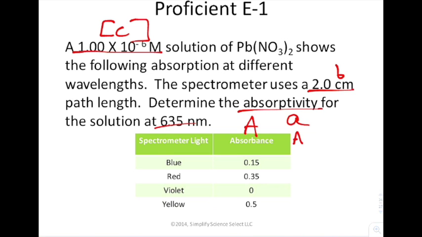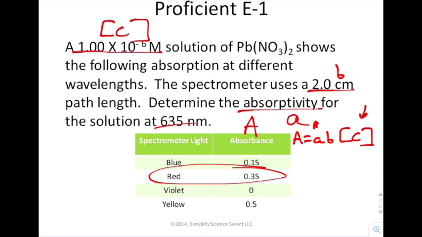So I'm going to use A equals ABC, but in this case, I'm normally trying to solve for C. In this case, I'm going to try and solve for A, lowercase a. So my absorbance in this case is, I want to know what it is at 635 nanometers. Well, 635 nanometers, if you haven't done the lab yet, is red. So because of that, this is my number that I'm interested in.